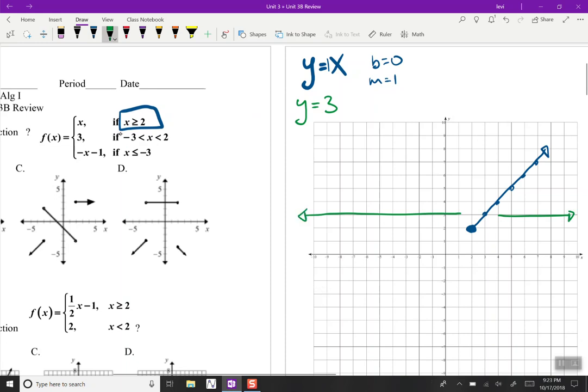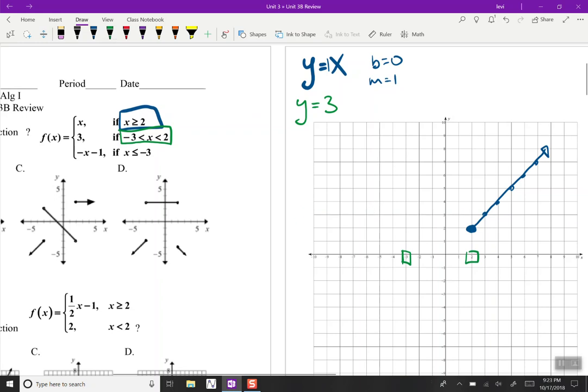But our constraint here says our inputs are just values where x is greater than negative 3 and less than 2. So negative 3 is right here. We want to be greater than that, and less than 2. 2 is right there. So I'm going to erase everything that's not in that section.